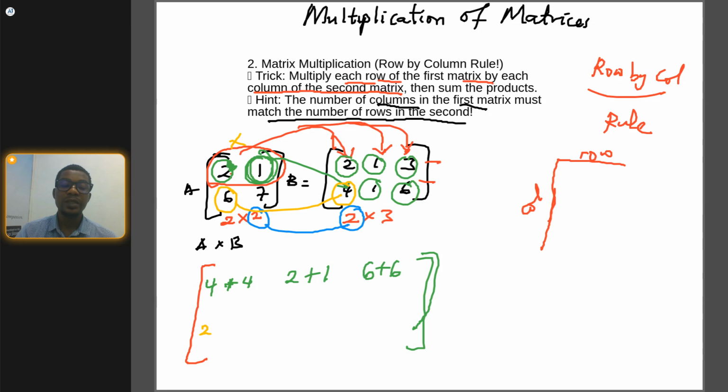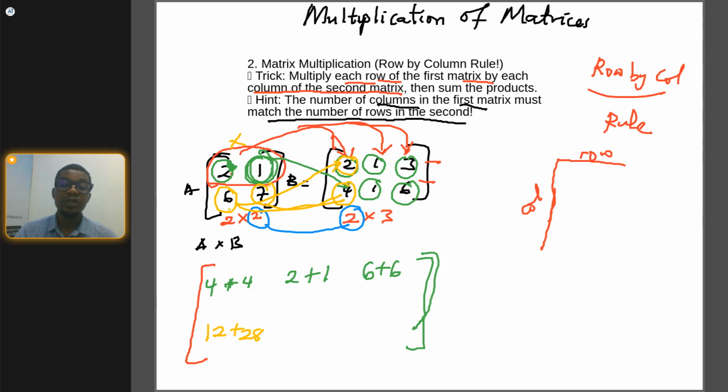We go to the second row, and start with the first column. 6 multiply 2, that is 12, plus 7 multiply 4, that is 28.